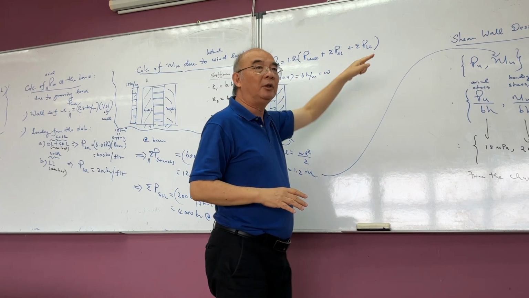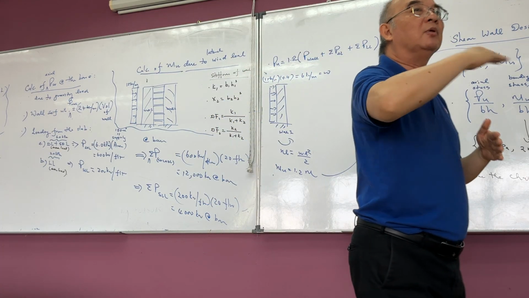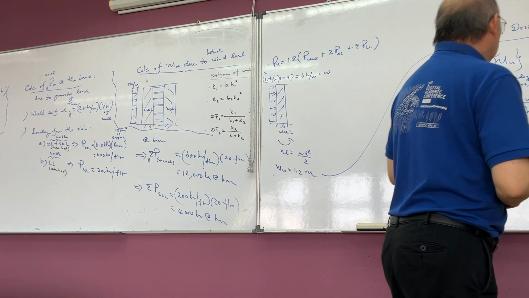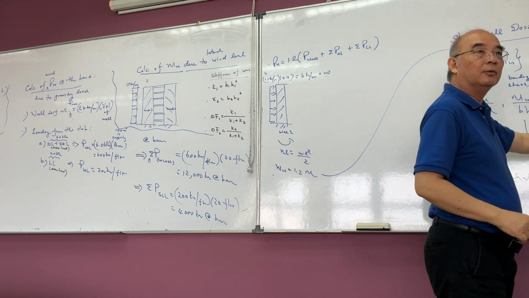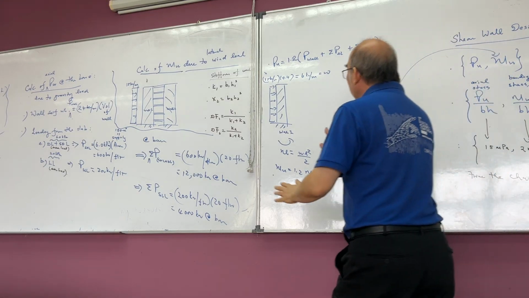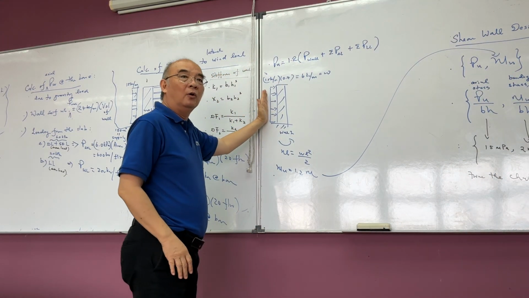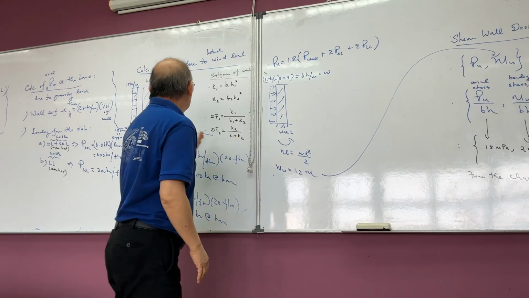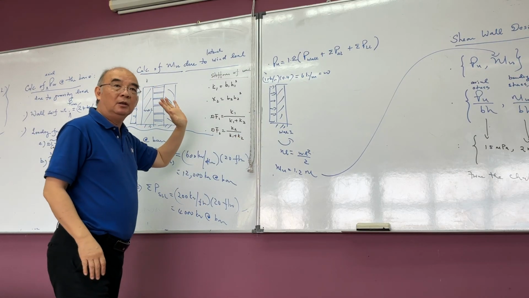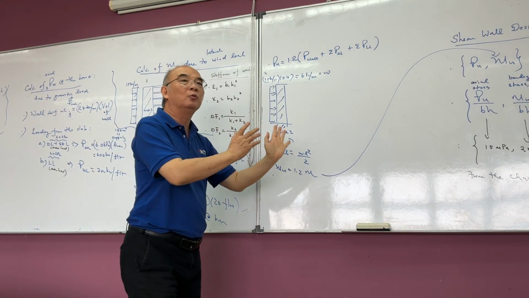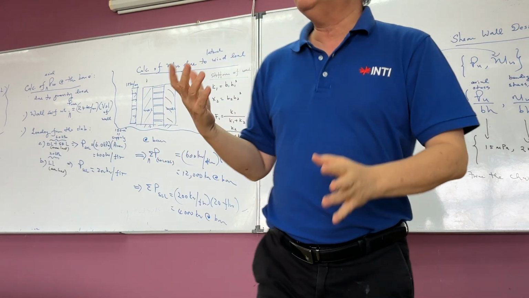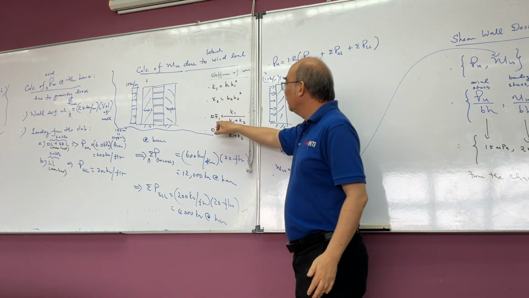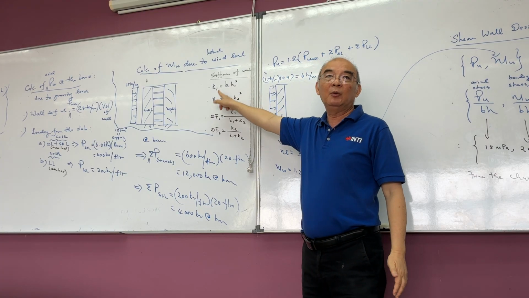Here I use summation because it comes from each level. So each level you add them up, get the PU, and the MU is due to the wind loading on the wall. The total wind loading is 15 kilonewton per meter. A certain percentage goes to wall 1, a certain percentage goes to wall 2. Then how do you calculate the percentage? First you have to calculate K1, K2.